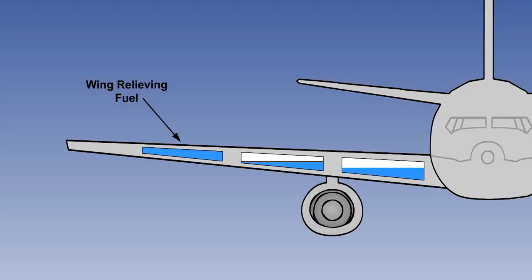Wing bending moments can, however, be reduced by mounting engines in underslung pods and carrying fuel in the wings. Some aircraft have to keep a certain amount more fuel in their outboard tanks than in the inboard tanks, known as wing relieving fuel, to reduce the wing bending moment.